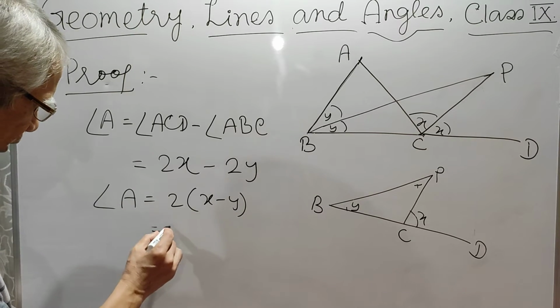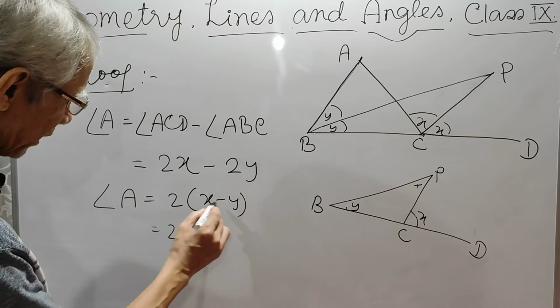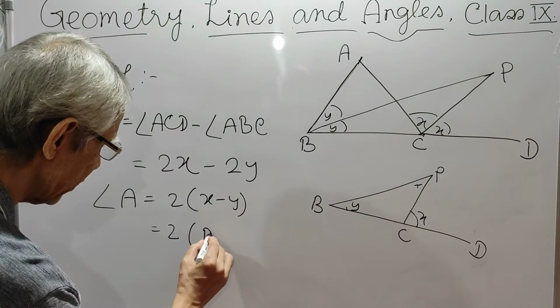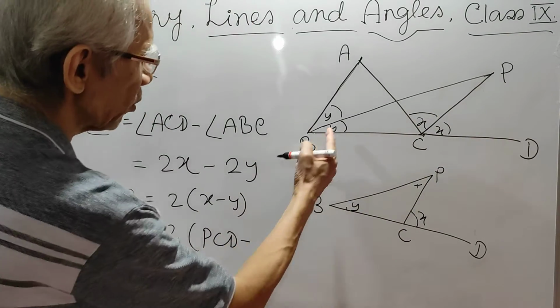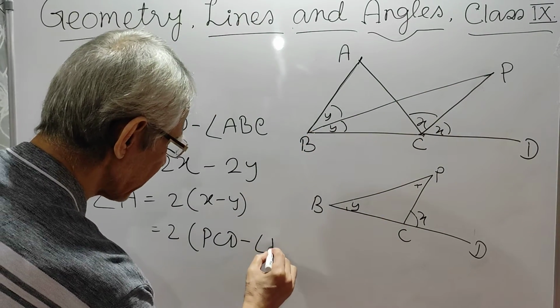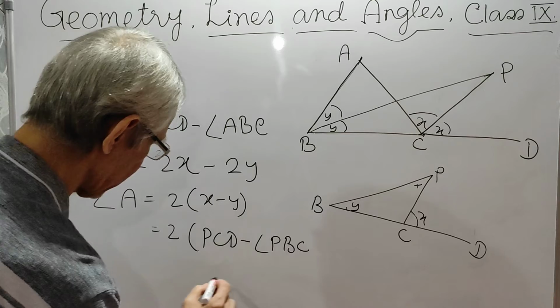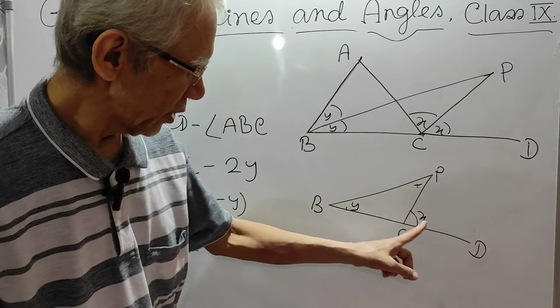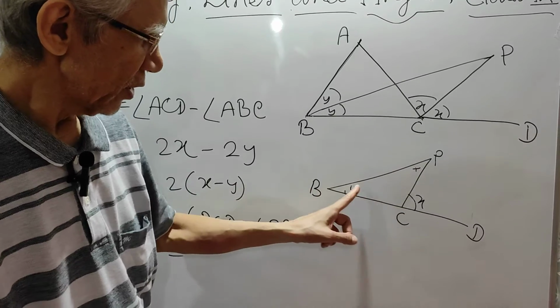So here twice x minus y. Now x is PCD, and y is PBC. So PCD minus PBC, this angle minus this angle.